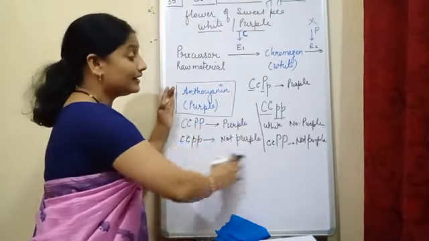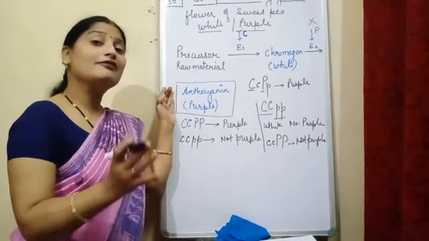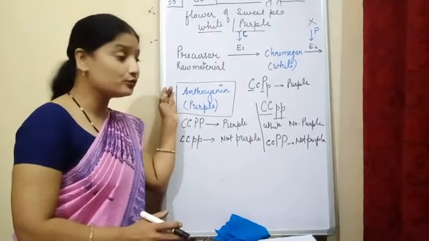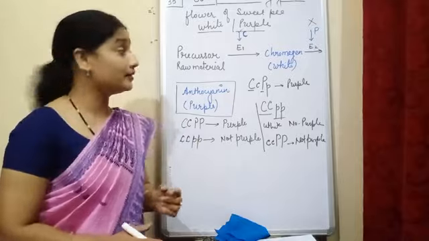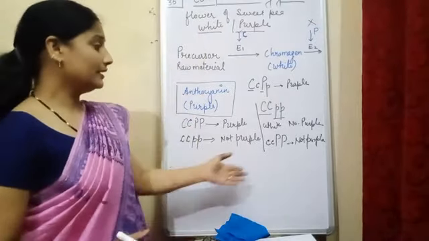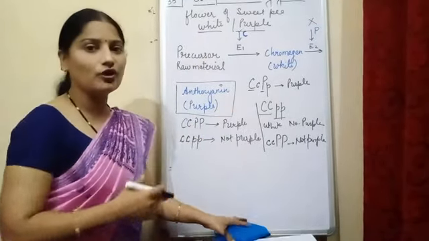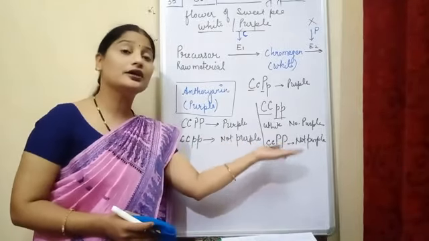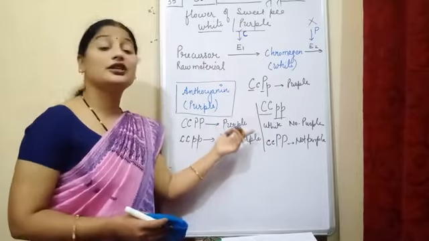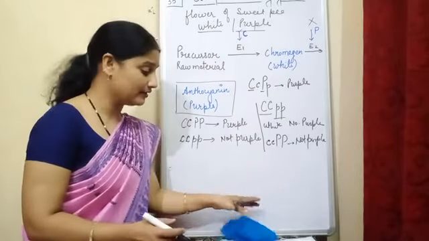So this was discovered by our two scientists, W. Bateson and R.C. Punnett. Okay, now let's have the cross of all these things. If I draw the cross, then I will show you how the ratio is 9:7.